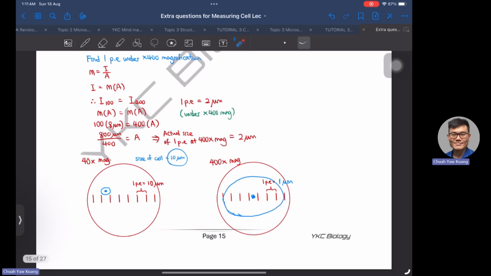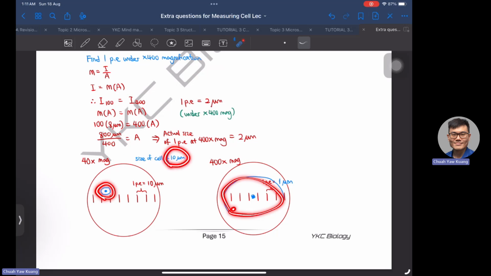Same thing again, before we end, we have to remember here the image size of the eyepiece reticule doesn't change. It will always be the same regardless of the magnification. What changes is the size of the cell image.